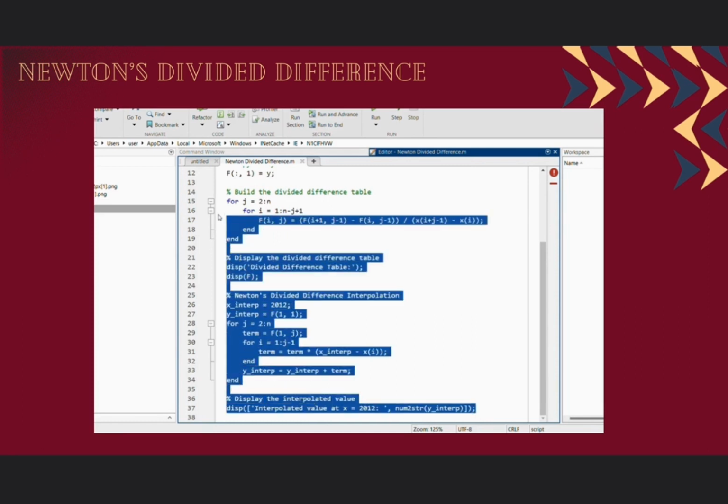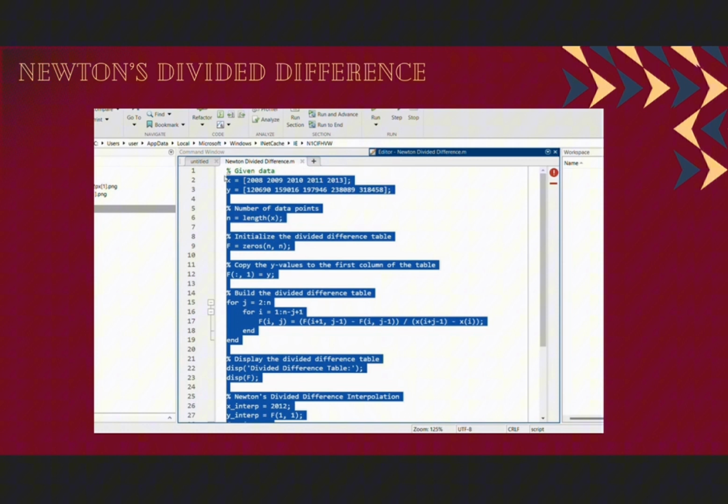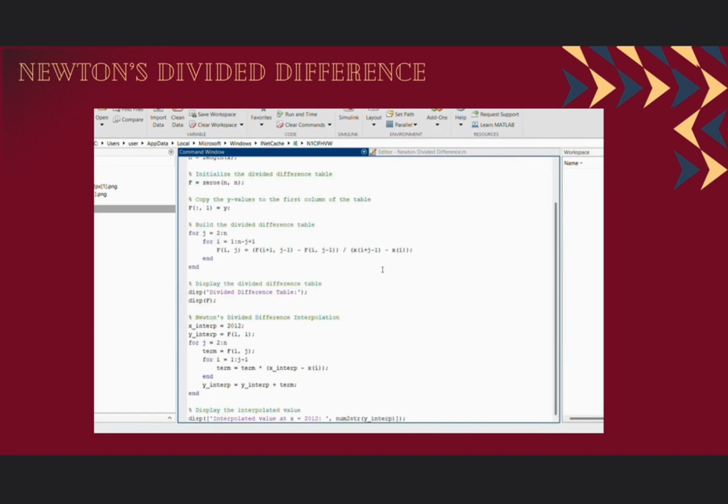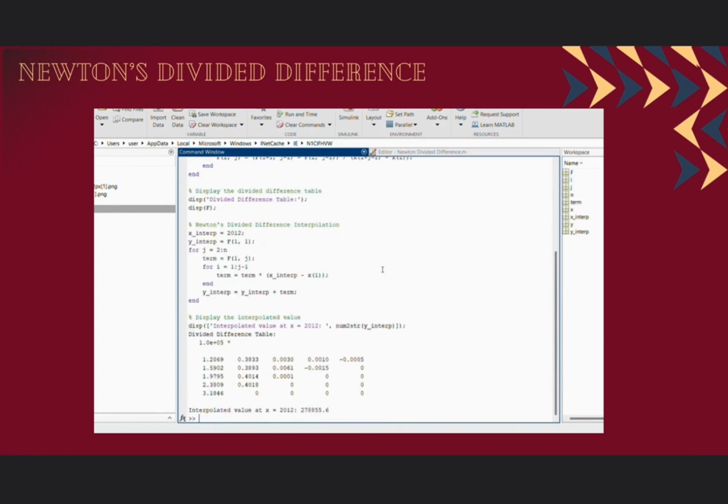For the simulation, we can just copy the coding to the command window and paste. For the simulation, we just enter. The display shows the interpolation table at X 2012, num2str interpolation, and the final value for X 2012 is 278855.6.